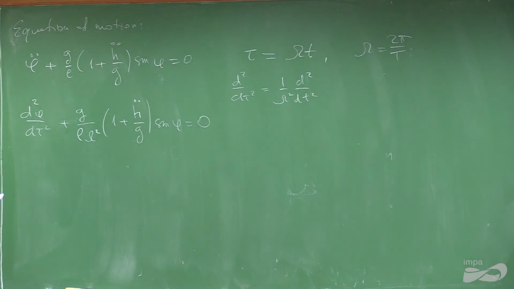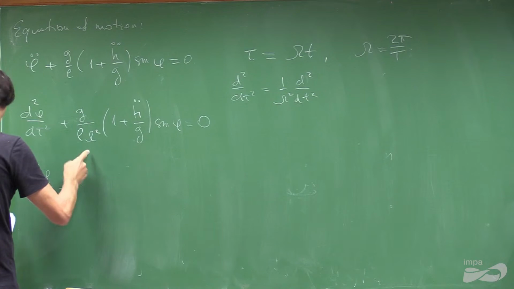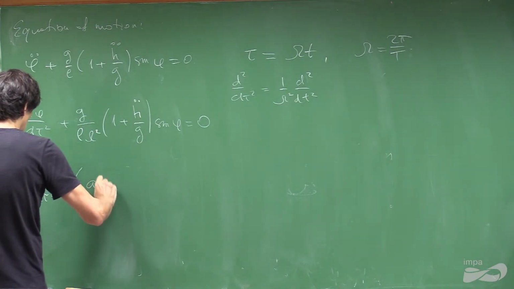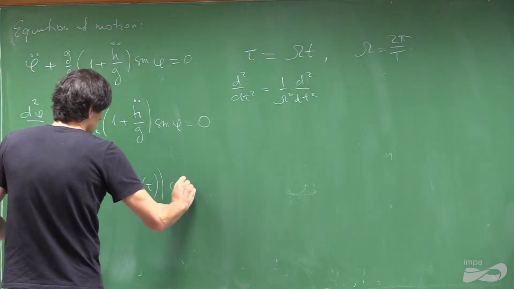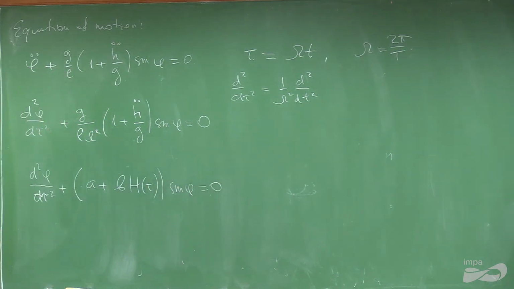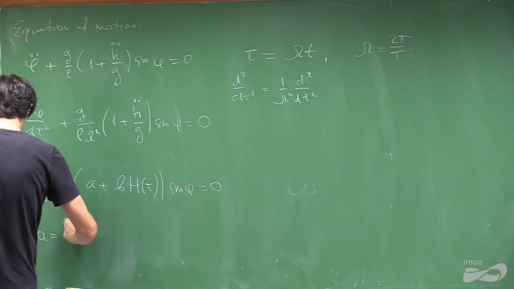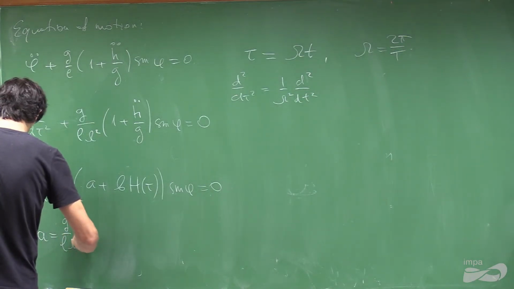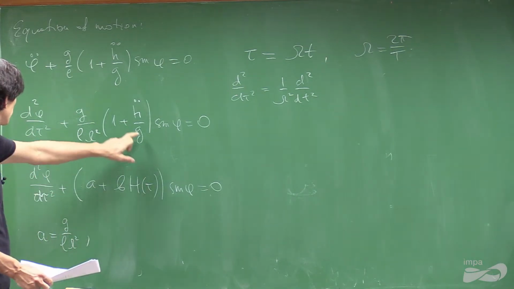Then we simplify it further: d squared phi over d tau squared plus A plus B h of tau, times sin phi, equals 0. And what is what? A is this coefficient.